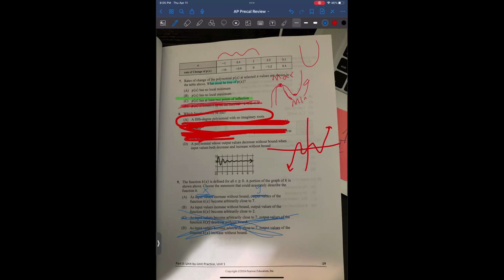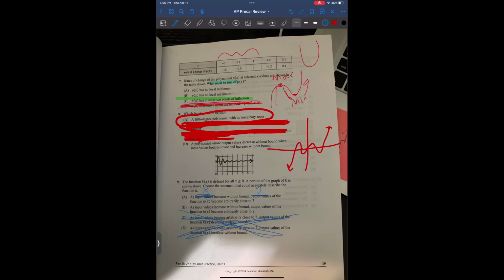Sure, because it could be on a very, very slow decline, but I cannot see that directly. So I want to avoid the increasing and decreasing because it's not really happening, right? I can't make that assumption. So the only ones that make sense are A and B. And then what I'm really having to look at is what it is approaching.